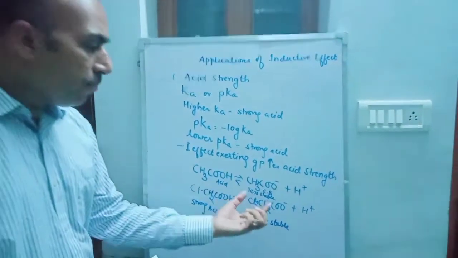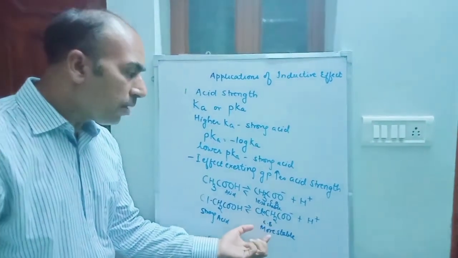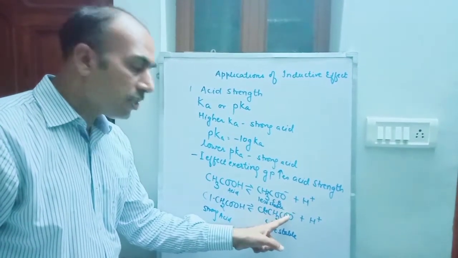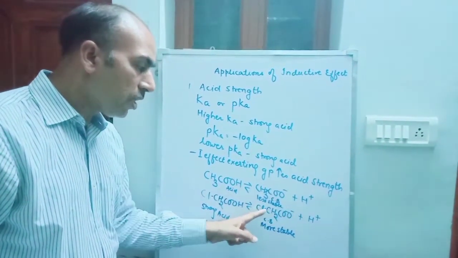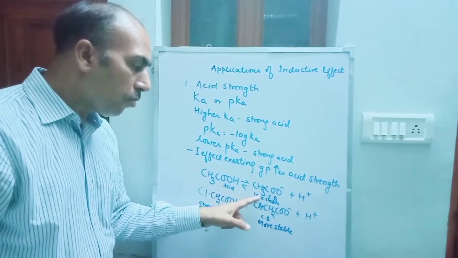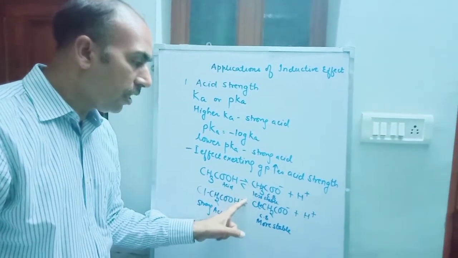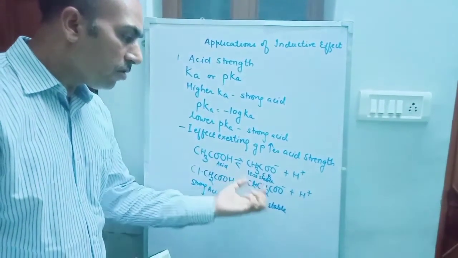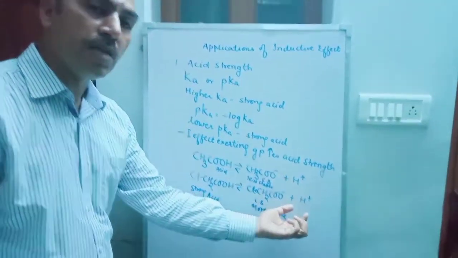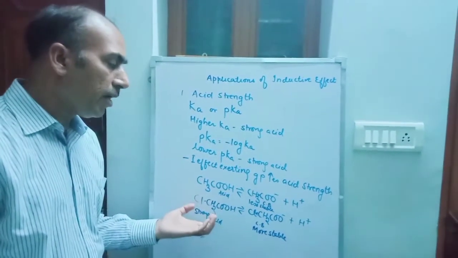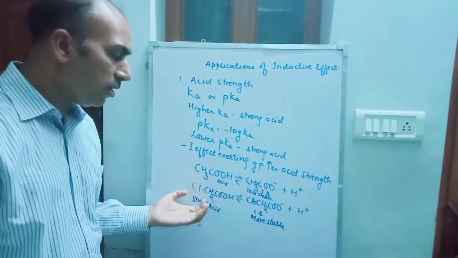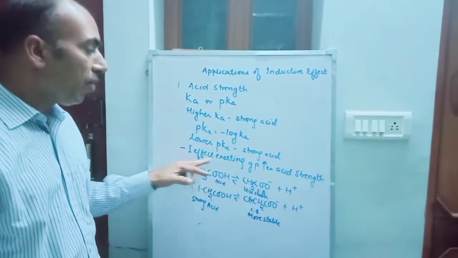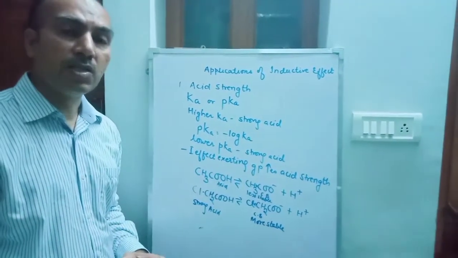Because the ion being formed is more stable as compared to acetate ion, because the negative charge density is delocalized on the other part of the molecule due to the minus I effect exerting group Cl. So this ion is more stable, it will readily dissociate to give this ion and simultaneously H plus ion. It will readily give more H plus ion, so it is the stronger acid. In this way we see that minus I effect exerting group increases the acid strength.